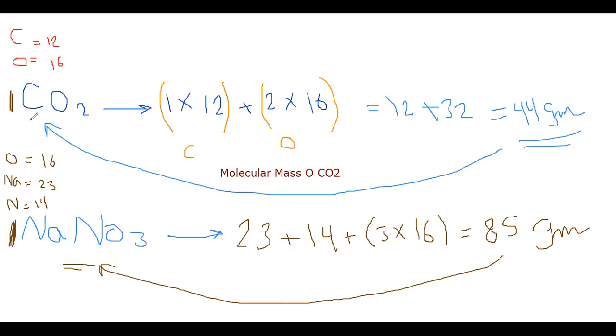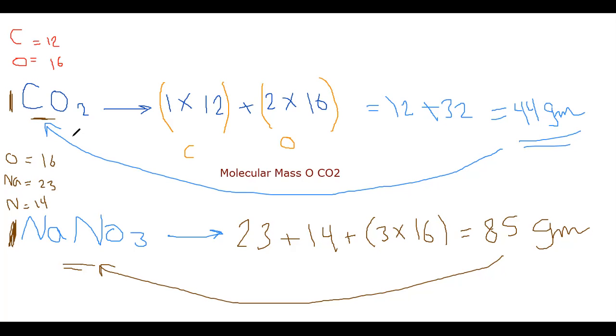So 1 mole of carbon dioxide gas equals 44, right? Half a mole of carbon dioxide equals 22, excellent. And 2 moles of carbon dioxide gas equal 88 grams, excellent, and so on.